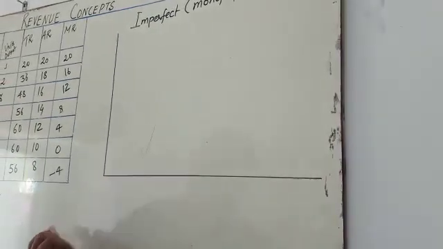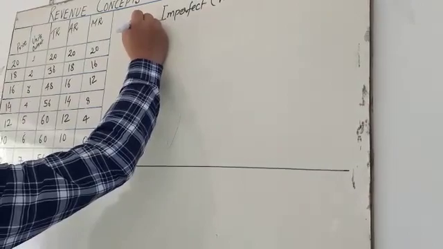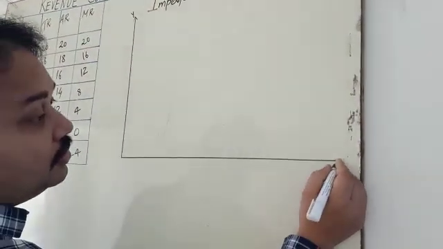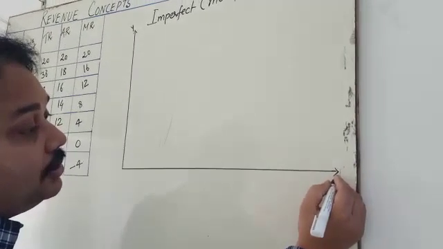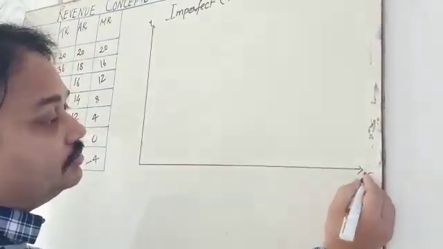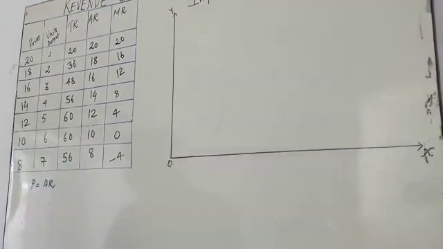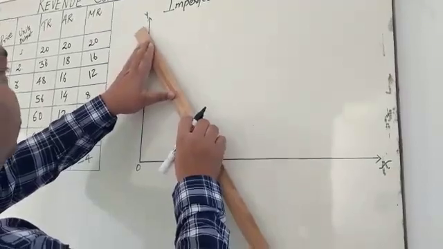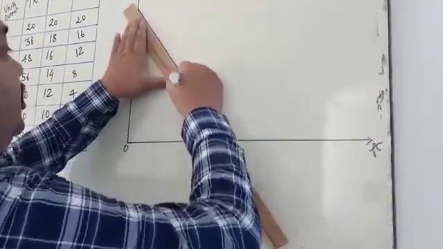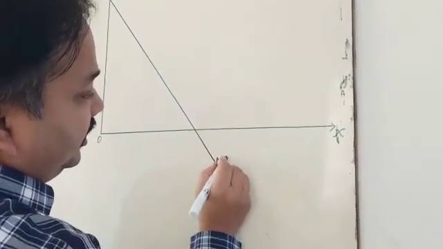But what is the difference? The difference is that MR will go negative, but AR cannot be negative. Why? Because the price cannot be negative. First you have to draw MR. From this situation you observe that MR falls down into the negative.